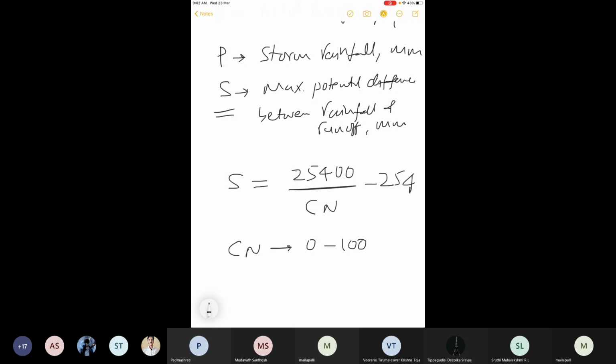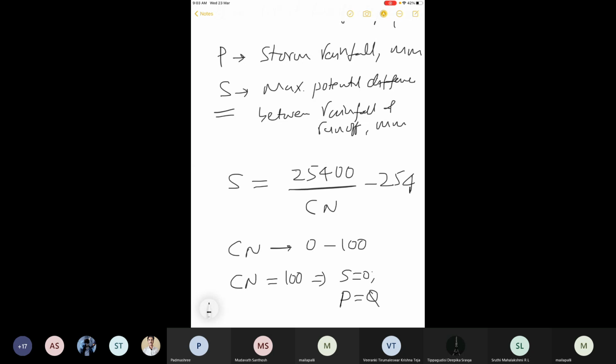A curve number of 100 assumes total runoff from the rainfall, and therefore S is equal to 0 and P is equal to Q. So when Cn is equal to 100, the storage is 0, and whatever precipitation happens goes completely as runoff, so P is equal to Q. You substitute Cn equal to 100, you get S equal to 0.